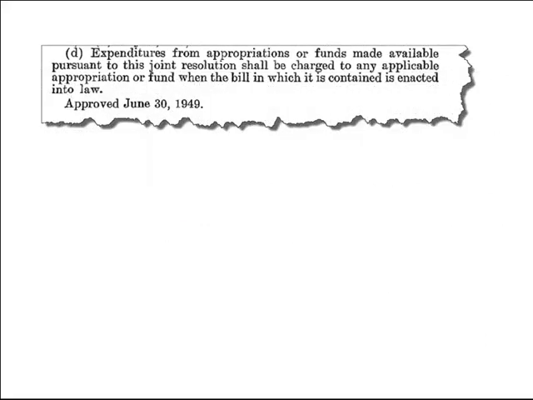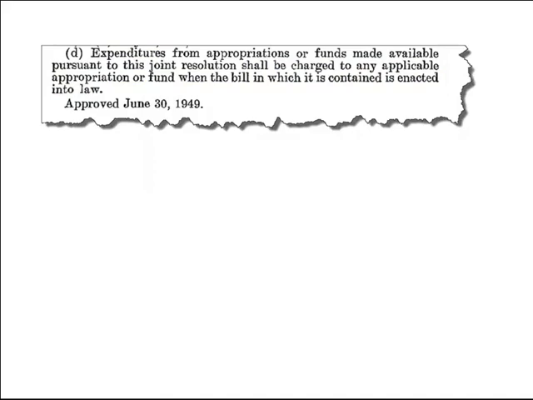The second section that provides accounting guidance has been referred to as the ephemeral clause because of its temporary nature. Note the language from 1949. Expenditures shall be charged to any applicable appropriation or fund when the bill in which it's contained is enacted into law.